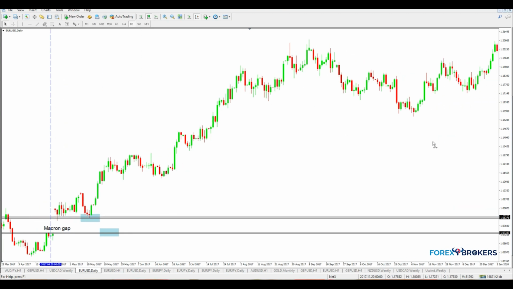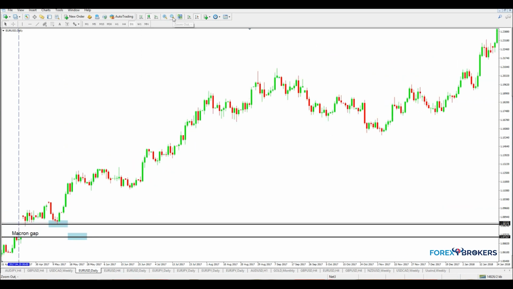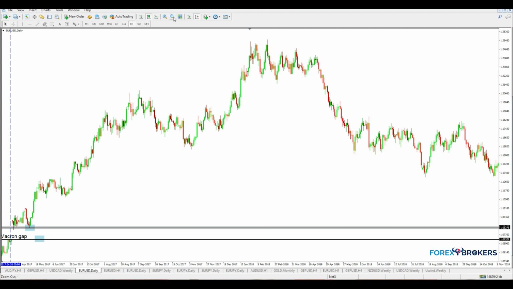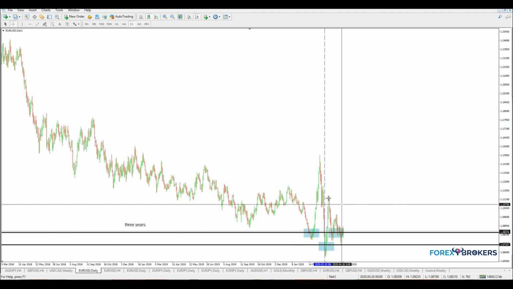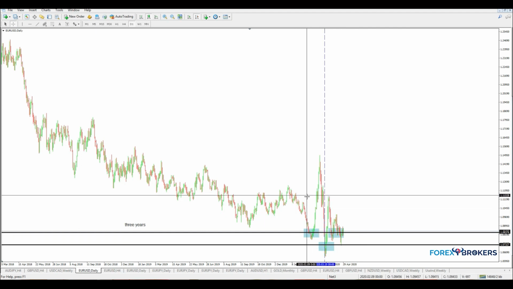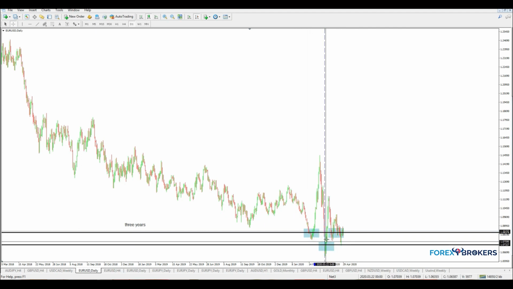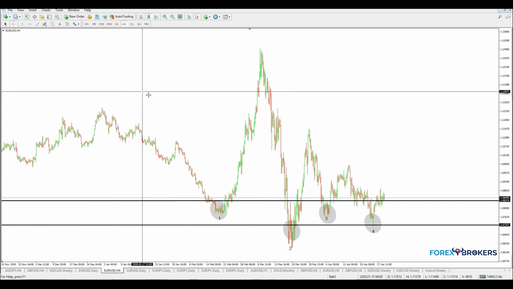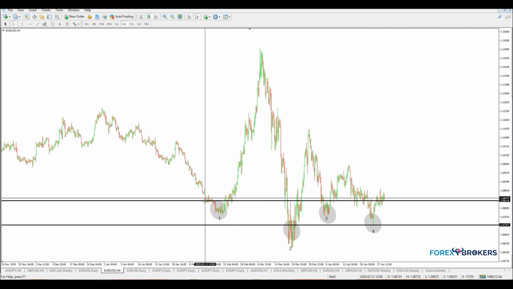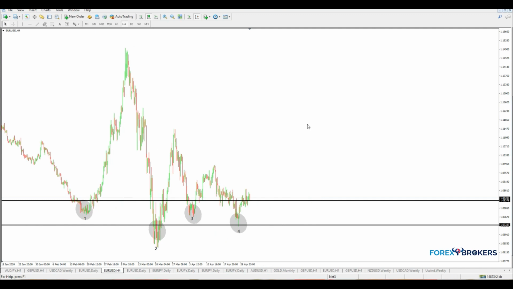Now let's move forward to see where the market bounced from it, and we come to the current prices where the market closed the gap. But before closing the gap, focus here, it came to the upper edge of the gap. Remember, these horizontal lines are here to stay forever.